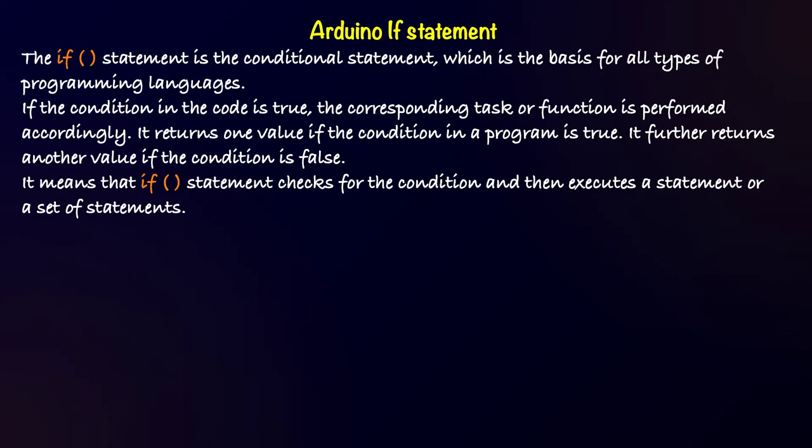This is how the if statement works. Only if the condition is true, it will function. Otherwise it returns another value if the condition is false. So if it is true, something will happen. If it is not true, we can use it in the negative sense also, that if it is not true, then also something can happen, right?